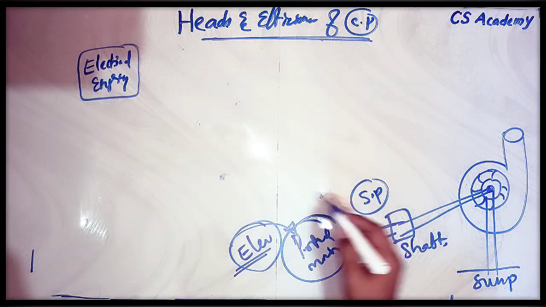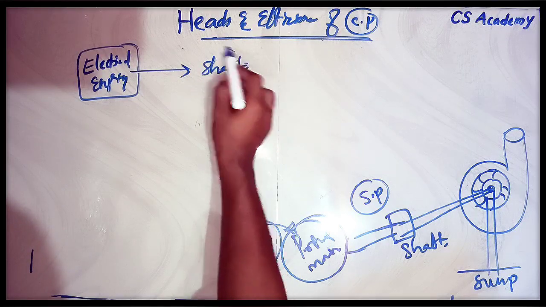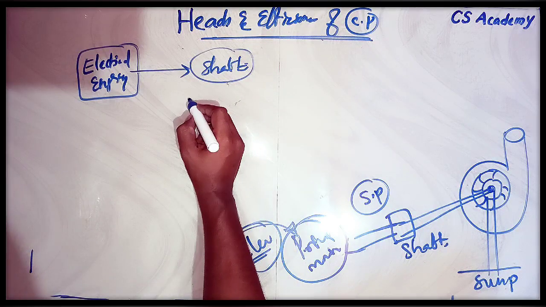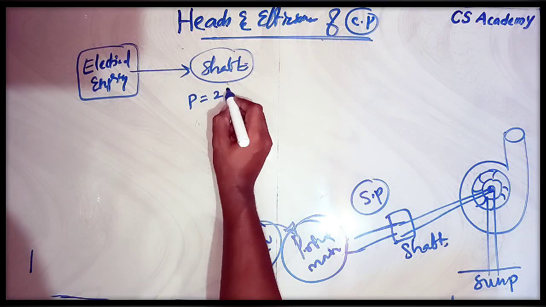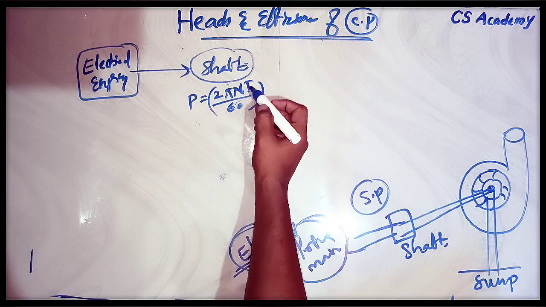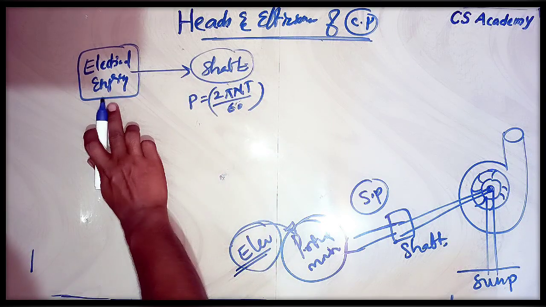The power developed by the shaft is P equal to 2 pi NT by 60, where T is the torque of the shaft and N is the speed of the shaft.